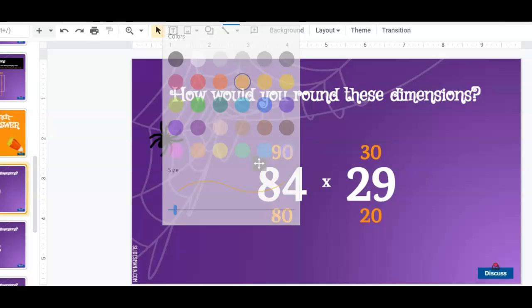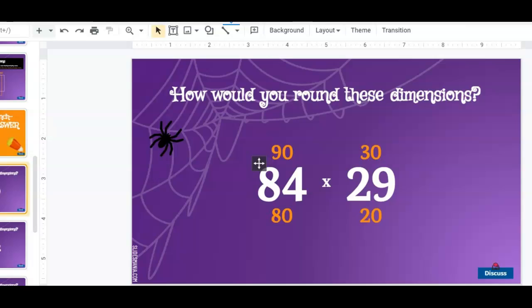So for this one, you've had a chance to look at it. The 84 right here is going to be closer to the 80 than it is to the 90, and the 29 right here will be much closer to the 30. So when I estimated it, I would say 80 times 30. And remember, if you multiply the 8 times the 3, that would give you 24.